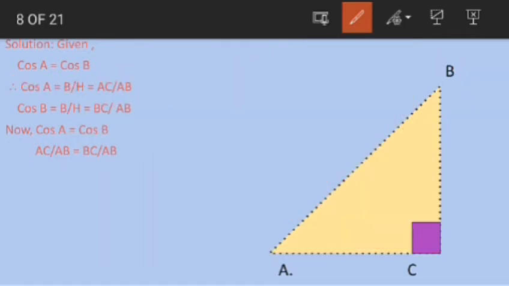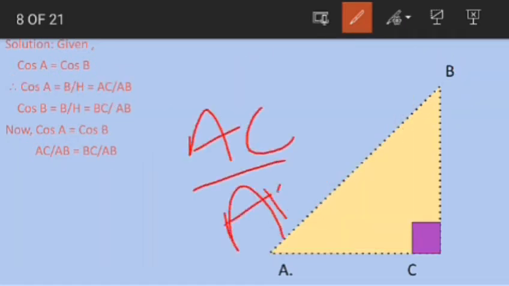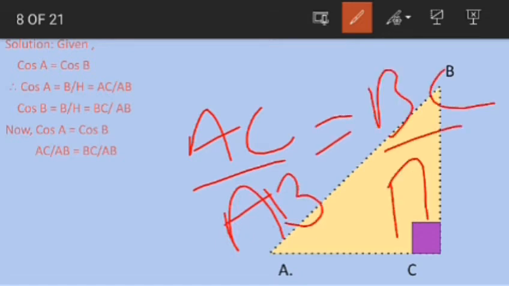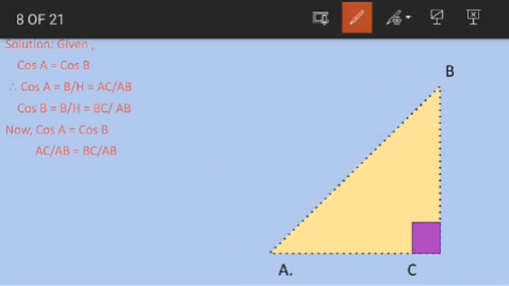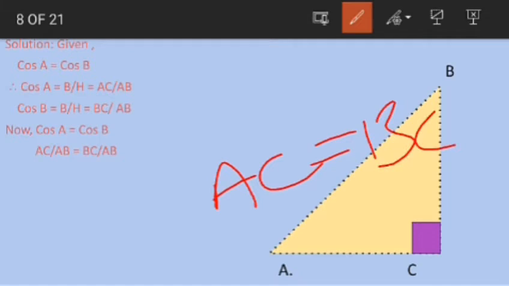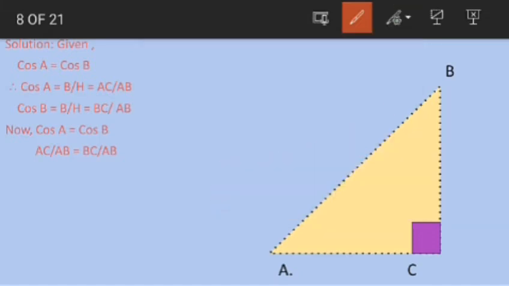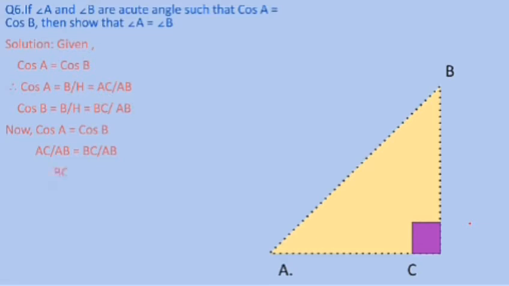Now AB and AB are going to cancel out, and we will be left with AC equals BC. Okay class, remember AB is going to cancel out, and we will be left with AC equals BC.